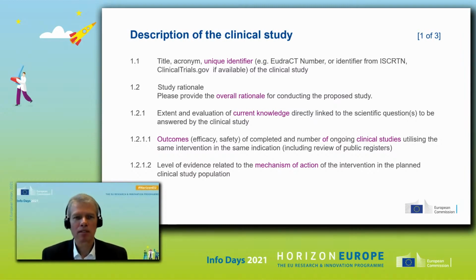Non-interventional, prospective, retrospective, all kinds of interventions. And again, here the same notion applies. One can request a unique identifier even with a very limited set of information. So this is just to let you know that this is a possibility.